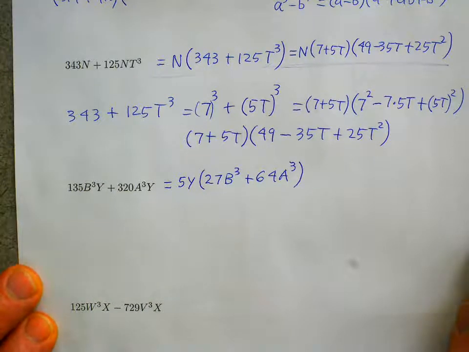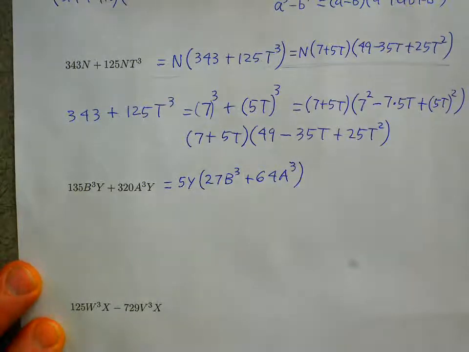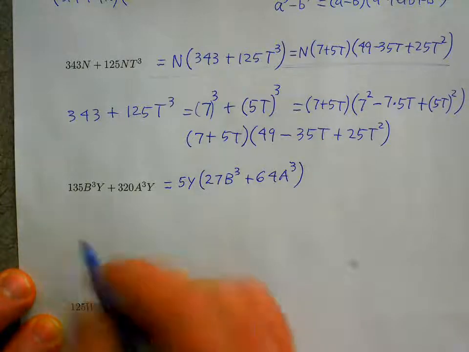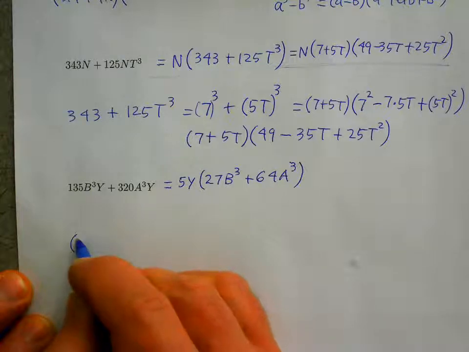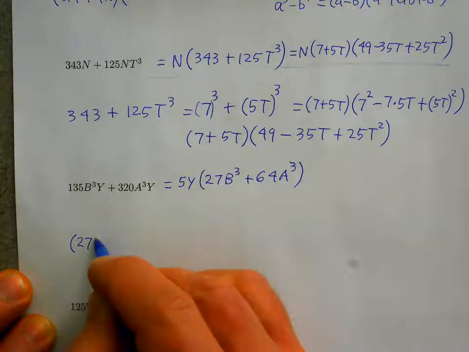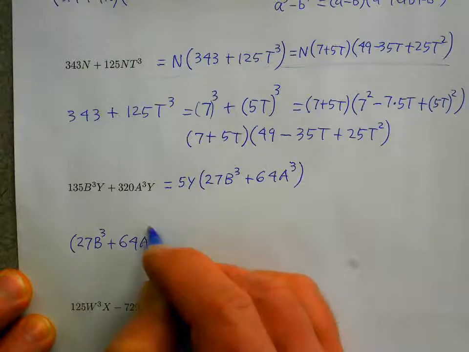27b to the third plus 64a to the third is a sum of cubes. So let's look at that down here in isolation. 27b to the third plus 64a to the third.